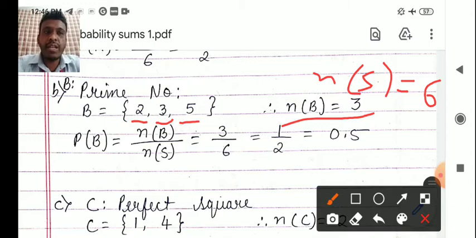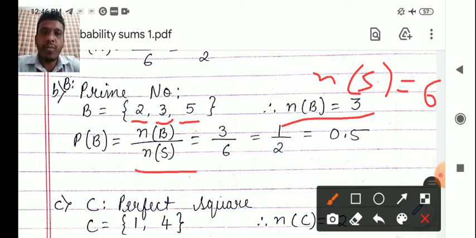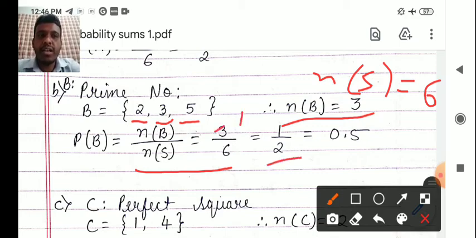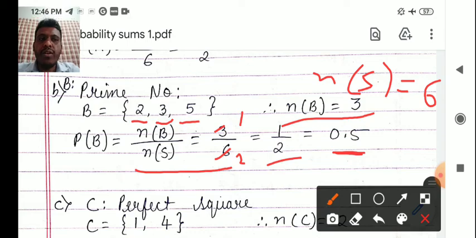Number of items in set B. So what is the probability of B? P(B) is equal to n(B) upon n(S), which is equal to 3 upon 6, which is equal to 1 upon 2. It is equal to 0.5.